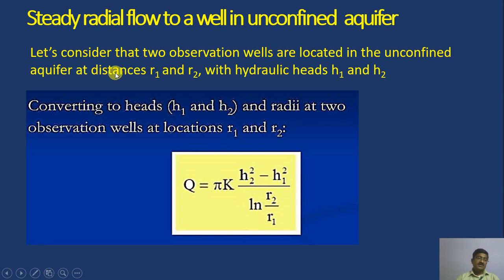Then let's consider that the two observation wells are located in the unconfined aquifer at distances R1 and R2 with hydraulic heads H1 and H2. Converting to heads H1 and H2 and the radii at the two observation wells at locations R1 and R2, Q is equal to pi K times H2 square minus H1 square divided by log natural R2 divided by R1.